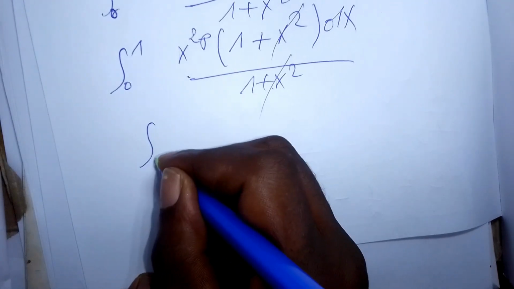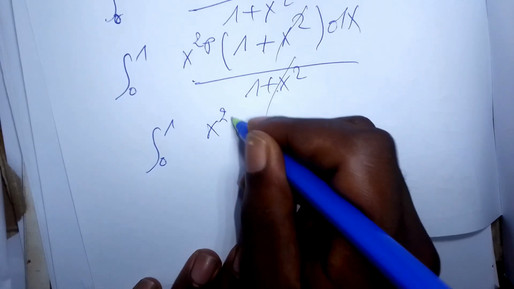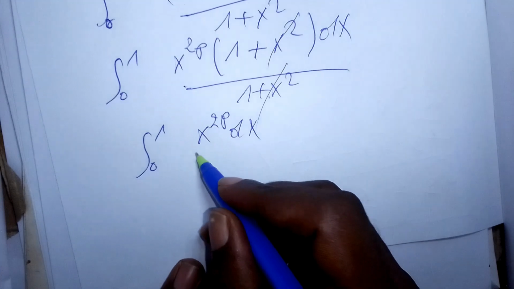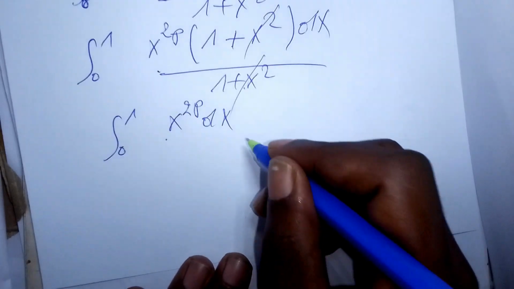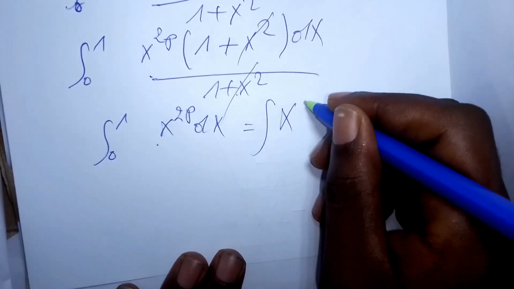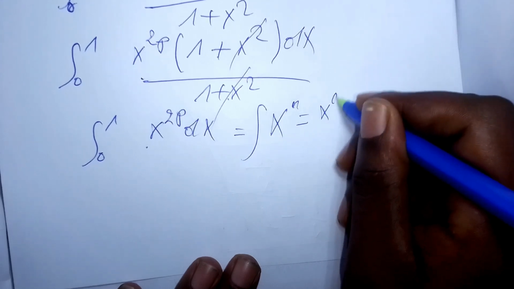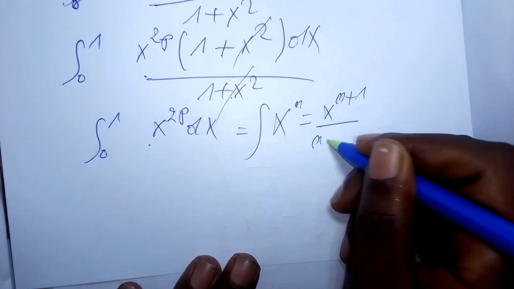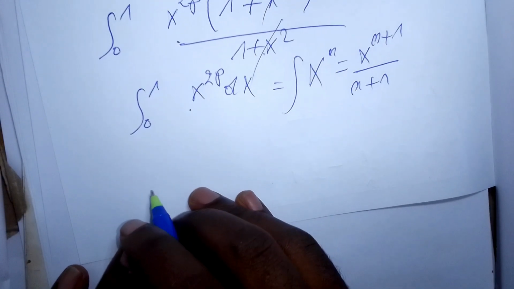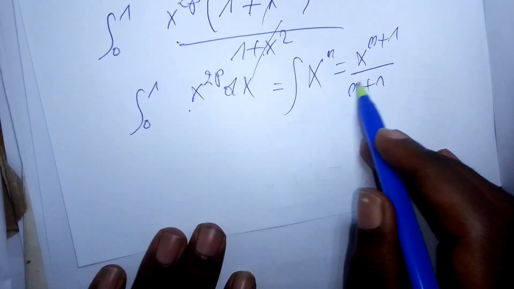So we have the integral from 0 to 1 of x power 2p dx. We are going to integrate this one by using the formula where the integral of x power n equals x power n plus 1 over n plus 1. So the next thing here is to find this one.